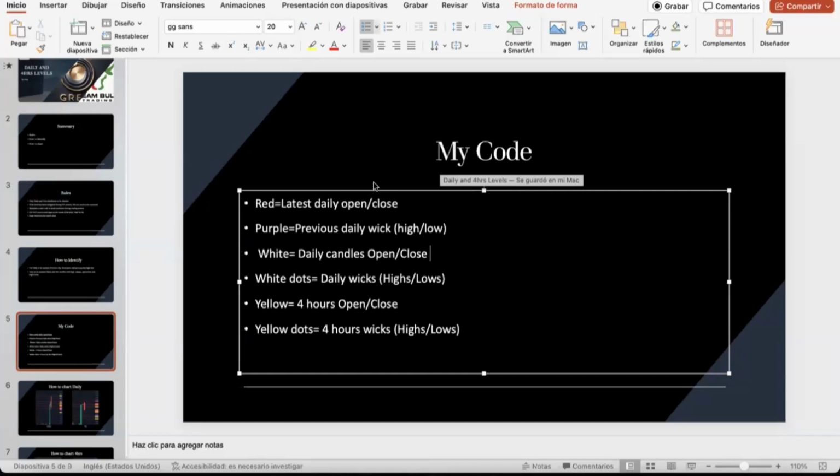If you check my scenarios, you will see purple and red is where my scenarios are taking place, because those are the levels that are dictating the course of the day. 90% of the time, red and purple are the ones telling you, hey, I'm doing this, hey, I'm doing that. For me, that's the most important at opening.